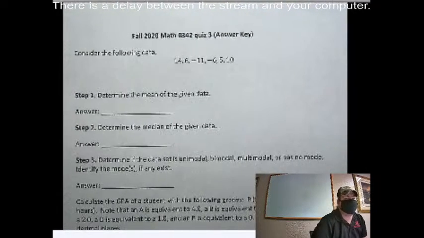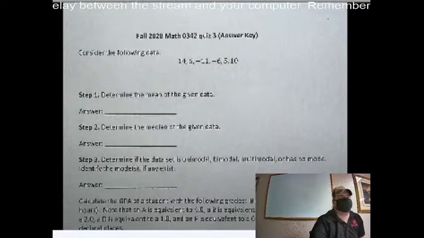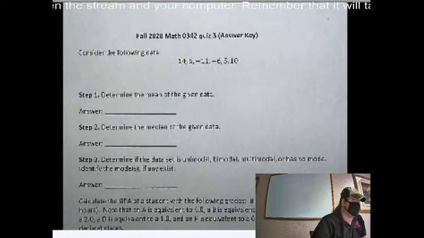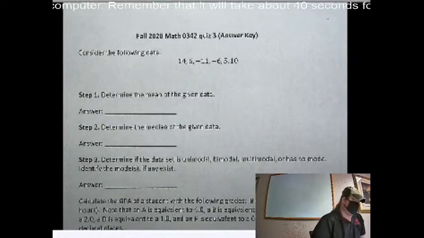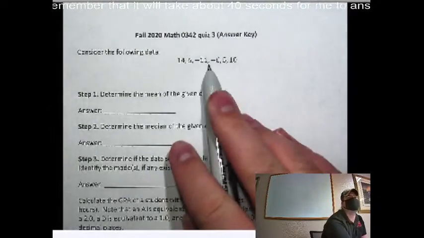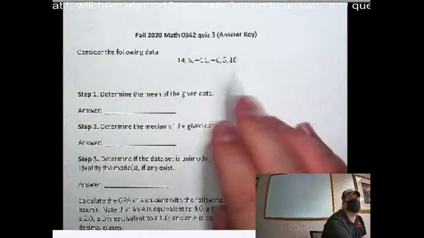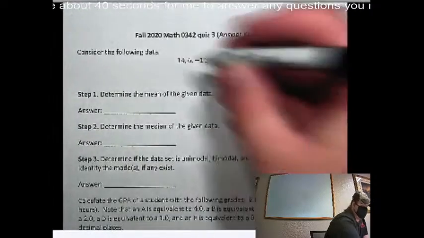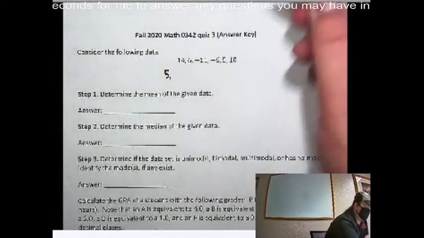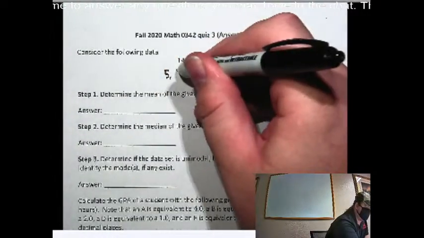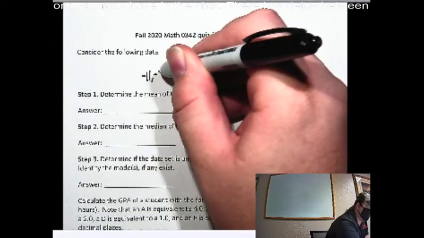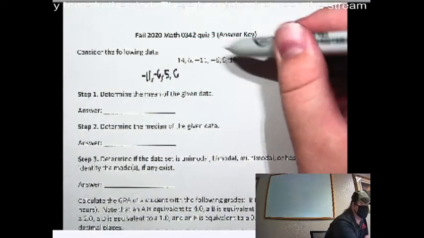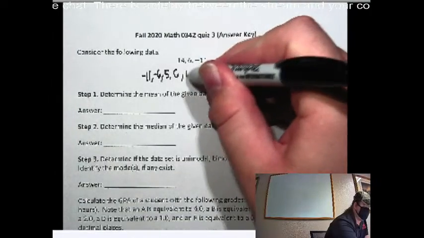So, first one says, consider the following data, and wants us to find the mean, median, and mode of this data. If we look at this data, first of all, we really ought to order it from least to greatest. So that's going to be 5, then 6, oh, whoops, I forgot the negatives. Negative 11, negative 6, 5, 6, and then 10 and 14.